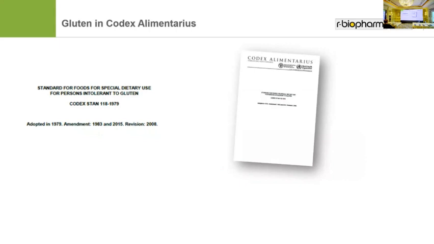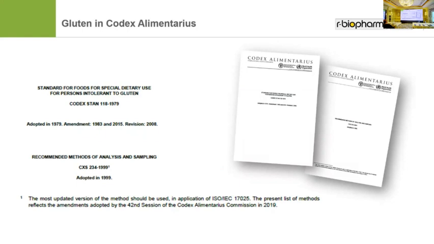The one is the standard for foods for special dietary use, which was introduced first in 1983. And then we see a second standard that we looked at before, the Codex Standard 234, which is the list of Codex methods.